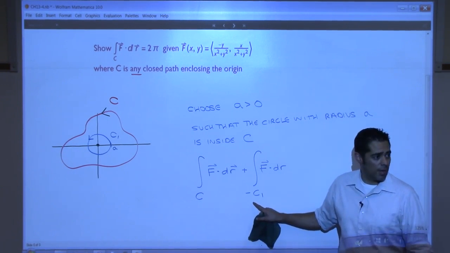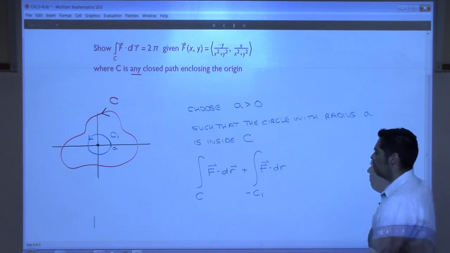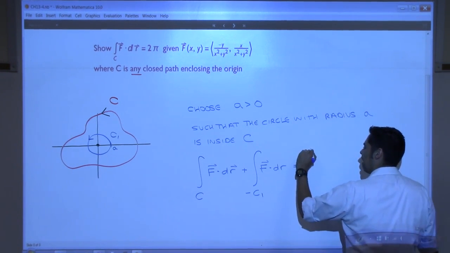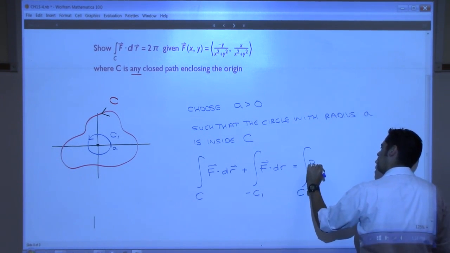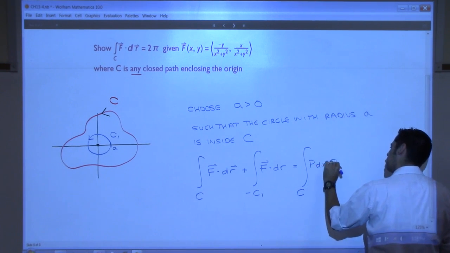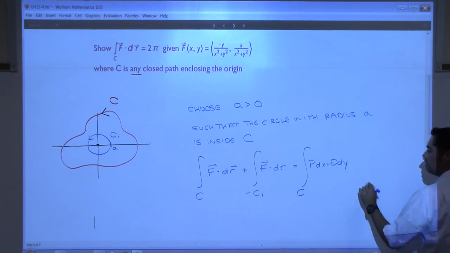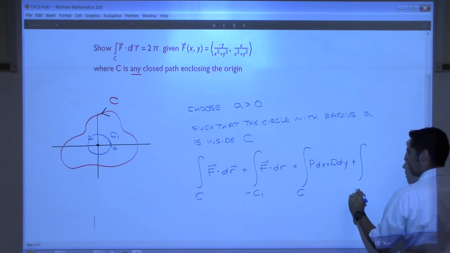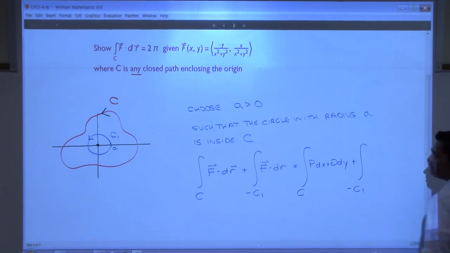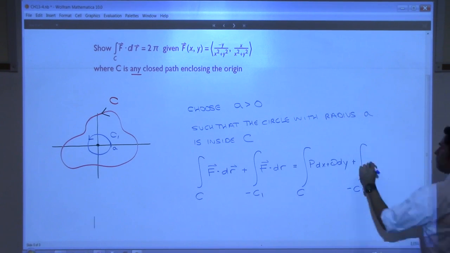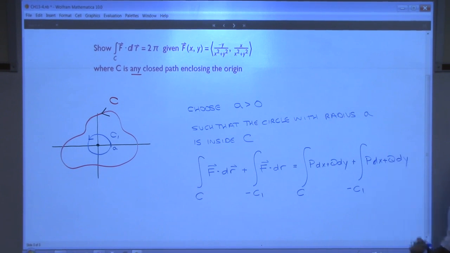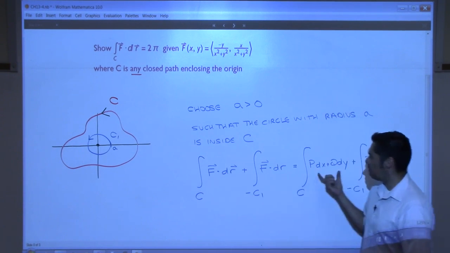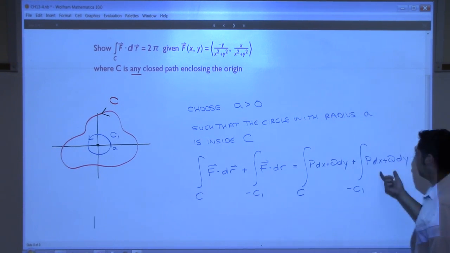That means I'm going to reverse the direction. Well, by the definition, this is the integral over C of P dx plus Q dy plus this, the integral over negative C1 of P dx plus Q dy. Do you agree with that? If you did the bonus problem, you know that this is equal to this.